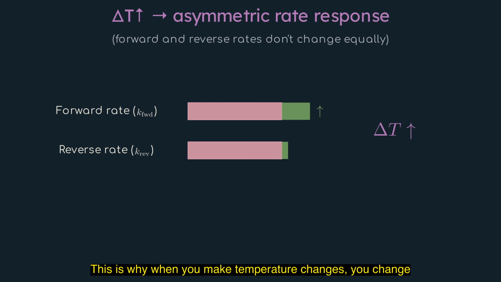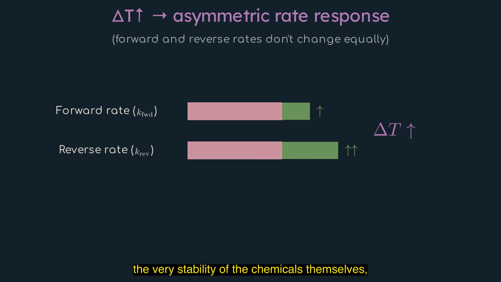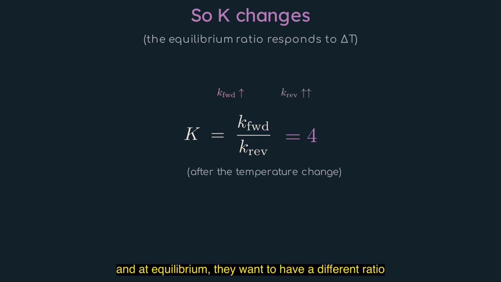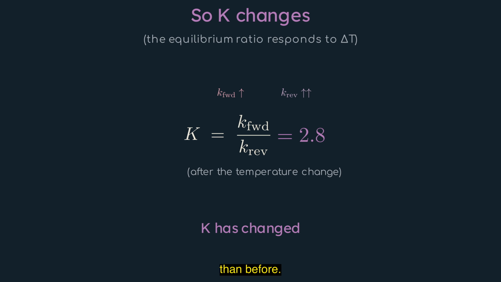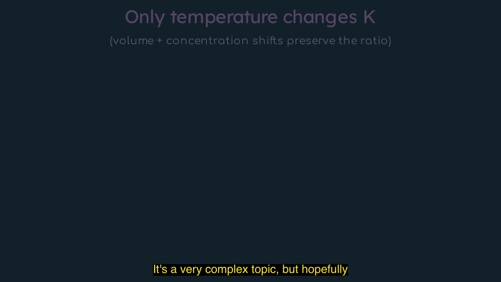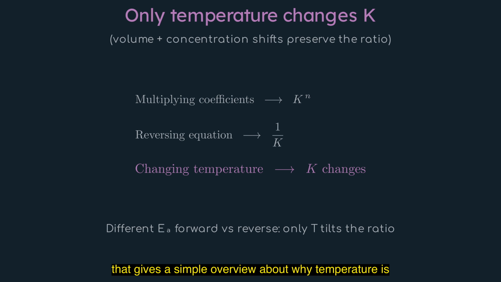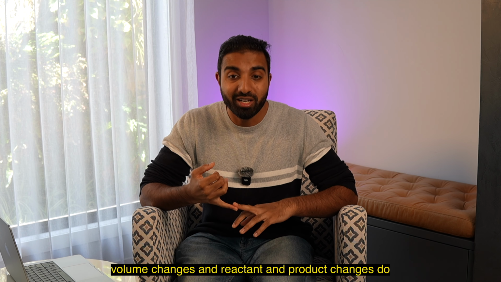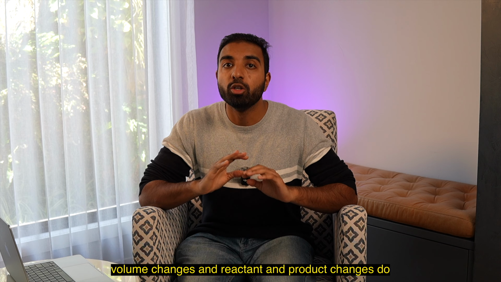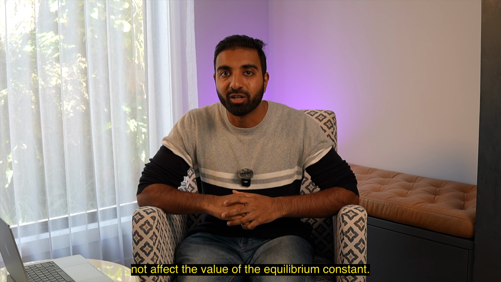This is why when you make temperature changes, you change the very stability of the chemicals themselves, and at equilibrium, they want to have a different ratio than before. It's a very complex topic, but hopefully that gives a simple overview about why temperature is the only reaction condition that changes K, and volume changes and reactant and product changes do not affect the value of the equilibrium constant.